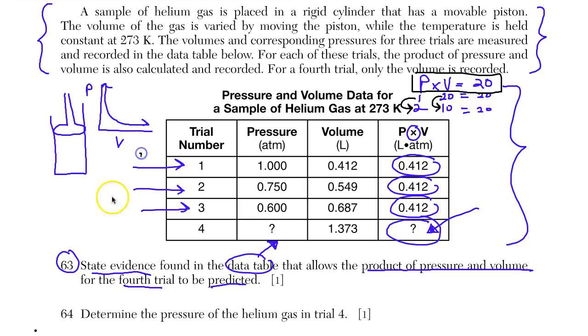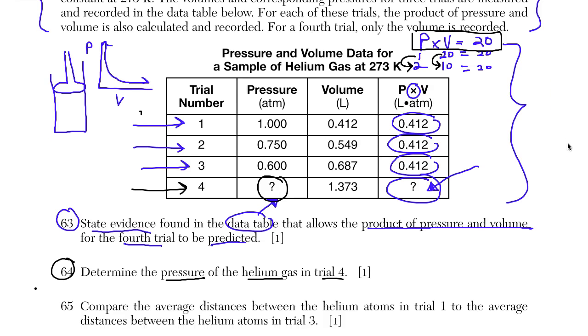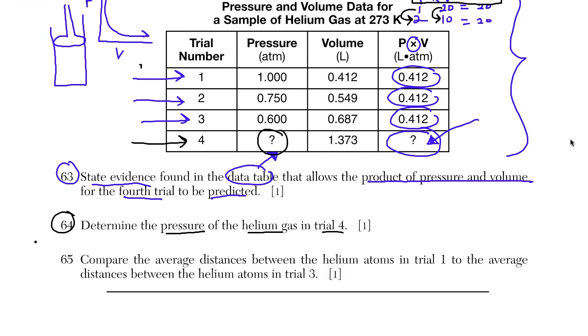In number 64, they want you to determine the pressure of the helium gas in trial 4. So they want you to find this value. There are a couple of different ways we could do this. First is to just fill out what we expect.